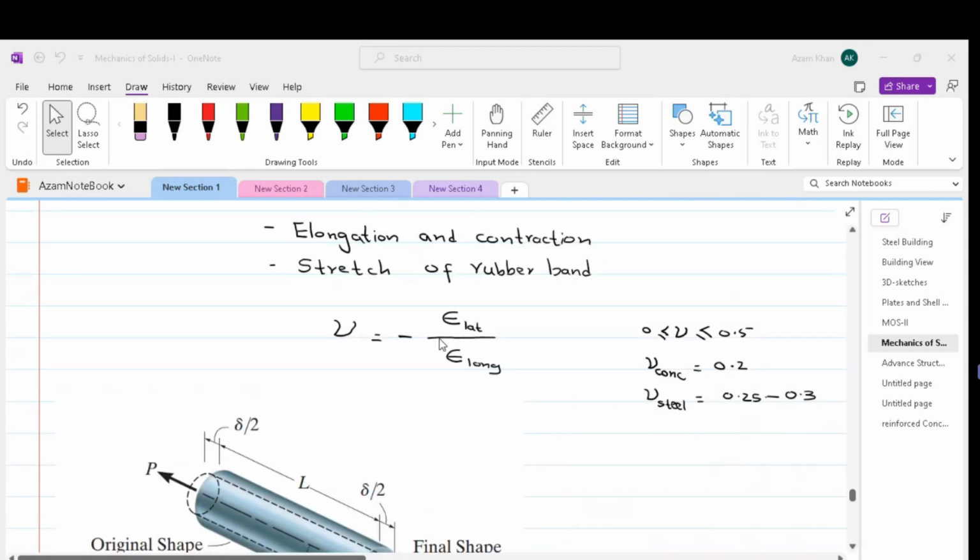This is negative because if the longitudinal strain is extension, then the lateral strain will be squishing, and vice versa. The Poisson ratio is between 0 and 0.5. For concrete, the Poisson ratio is 0.2, and for steel, it can be between 0.25 and 0.33.